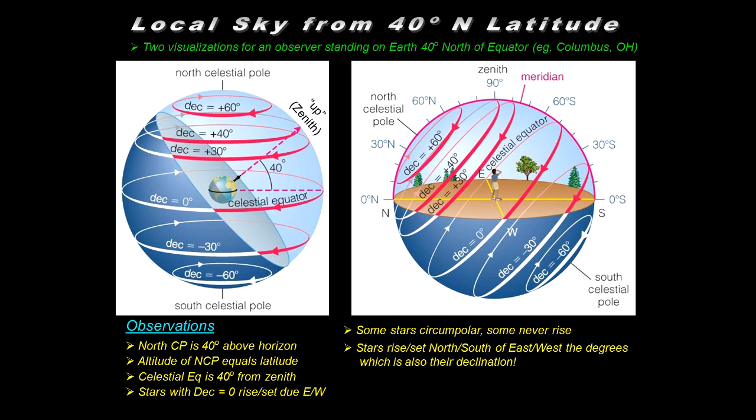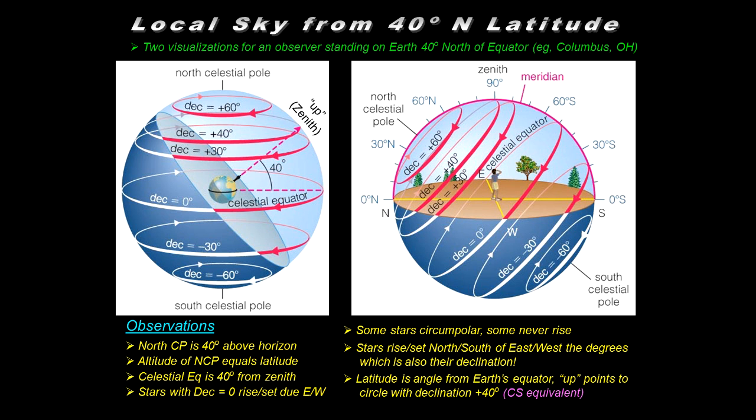But the stars that rise and set north and south, respectively, of east and west, the degrees, that also corresponds to their declination. So I've already kind of mentioned that. So here we have a declination of plus 30. It rises 30 degrees north of east and then sets 30 degrees north of west.